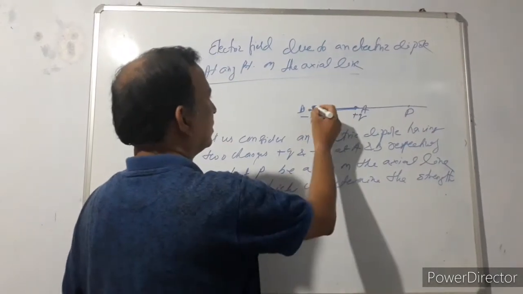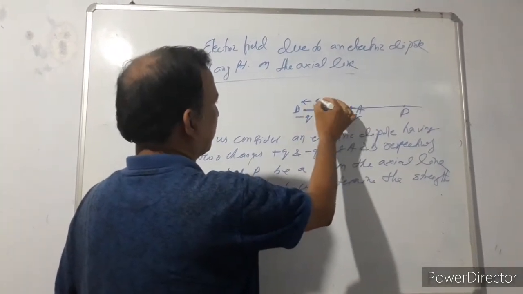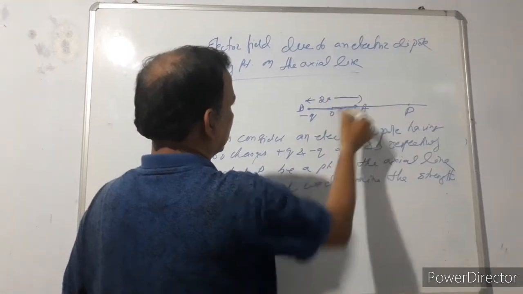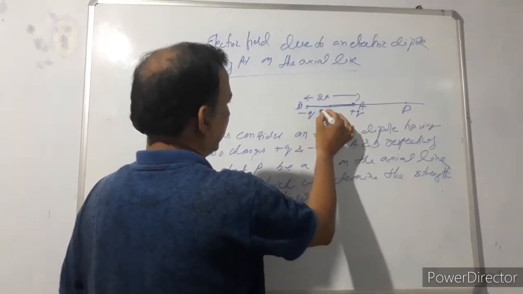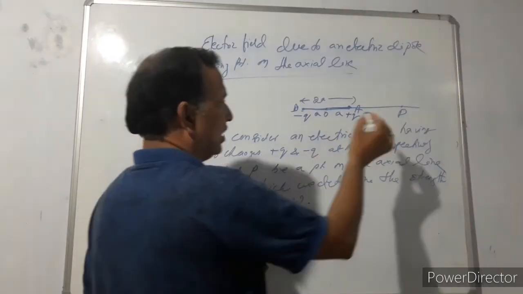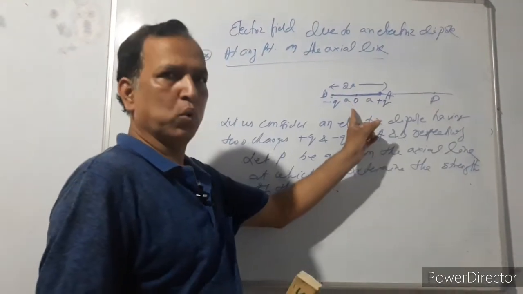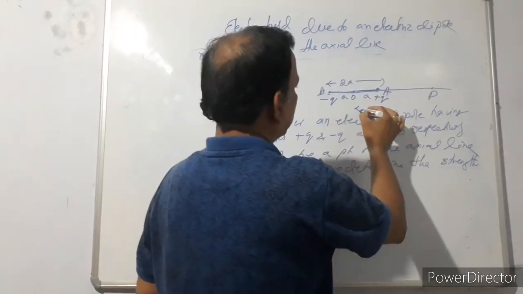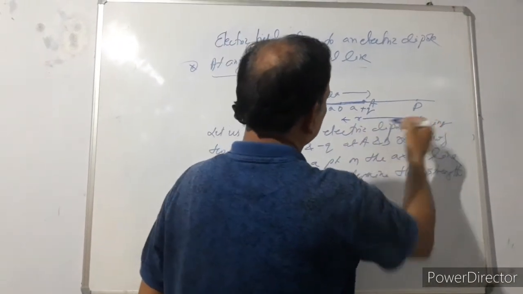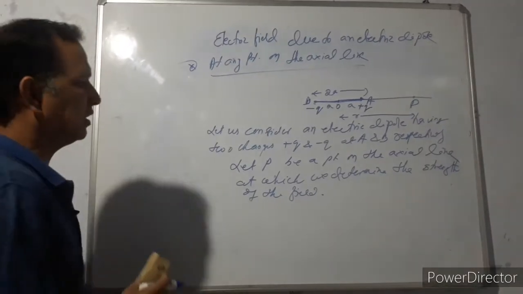This is the center O. The length of the dipole is 2a, so these two distances are a and a. The distance of P from O is r.